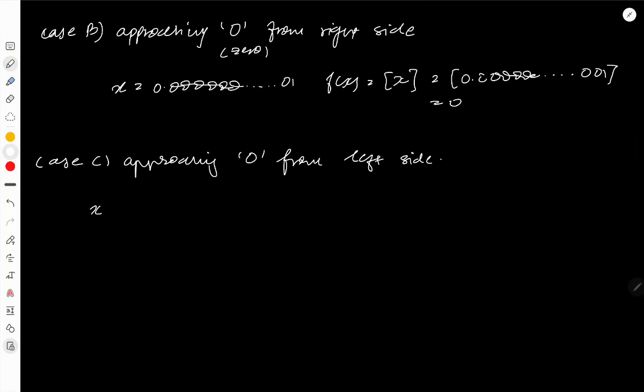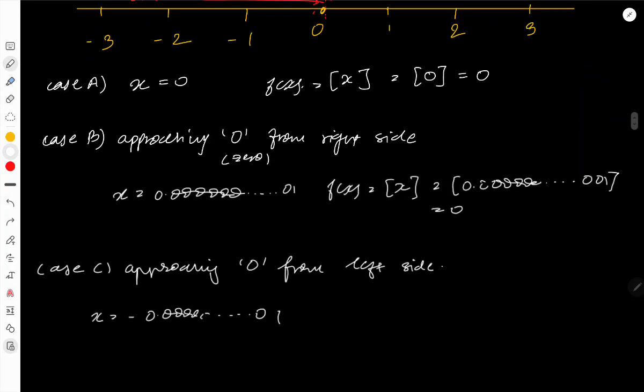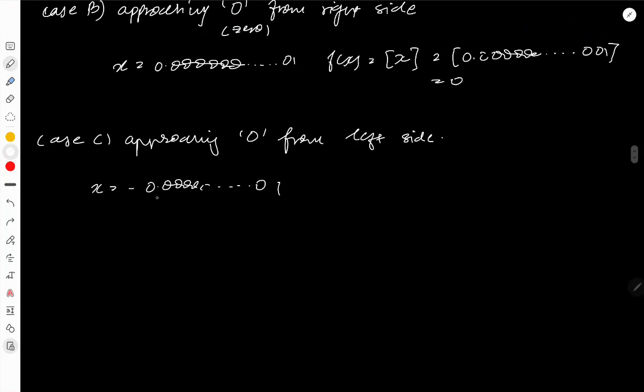So at this time x would be minus 0.000001, and this is the number which is just beside 0.